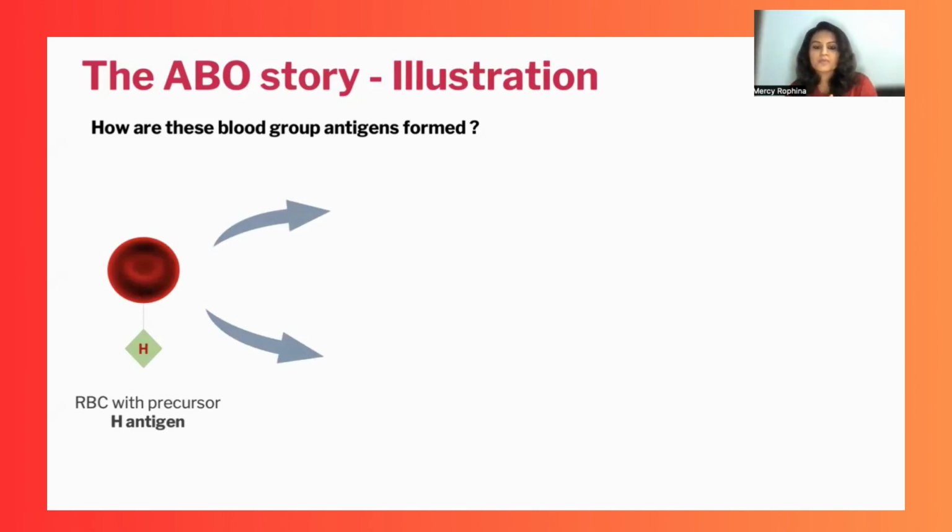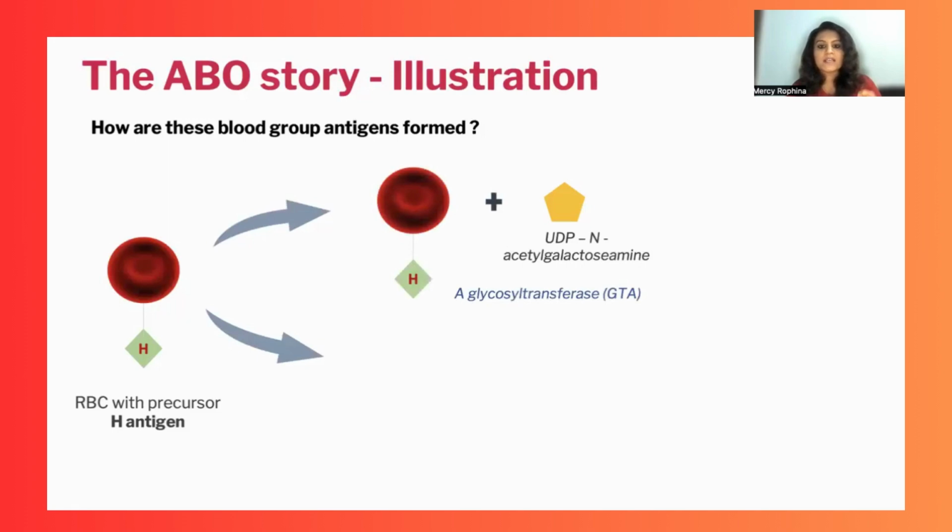The first possibility is that a donor substrate called UDP-N acetyl galactosamine can be added with the help of the enzyme called A-glycosyl transferase or the GTA enzyme. This will in turn lead to the expression of the A antigen on the surface of this particular RBC.